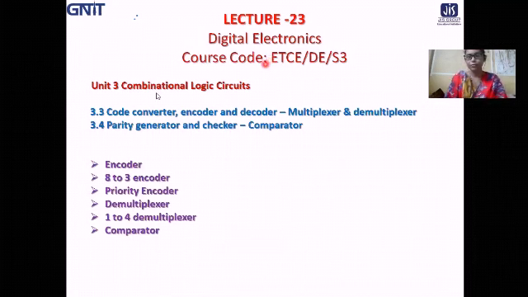We are in module 3, that is combination logic circuits, and the subunit that we will be studying is code converters, encoder and decoder, multiplexer and demultiplexer, and parity generator, checker and the comparator. Here in this lecture we will be studying about encoders, 3 to 8 encoder, then priority encoder, demultiplexer, 1 to 4 demultiplexer and 1-bit comparator.